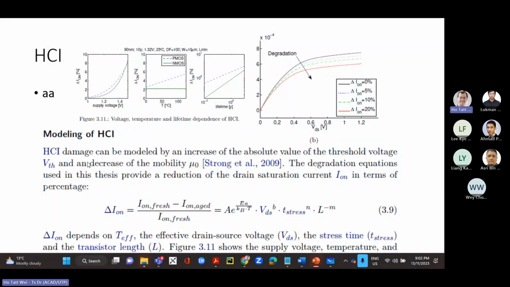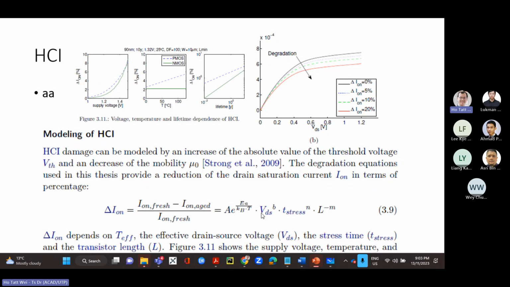So you can't directly model the effect by a change in VTH or a change in mu. So how it's usually modeled is a change in the on current. A change in the on current is a little bit tricky because it's not so straightforward to convert this to speed, right? But you can make this a proportional argument.